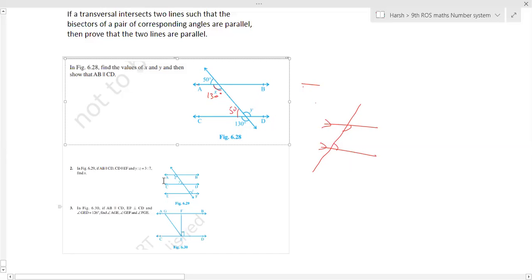So I got the first answer. Sir, can you zoom the second one? Okay.